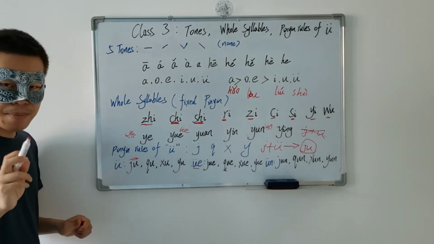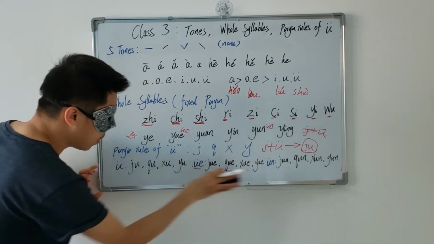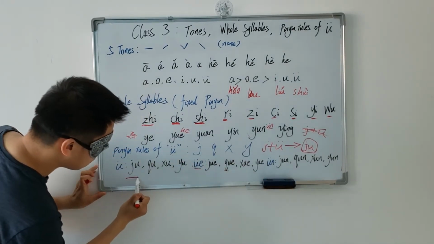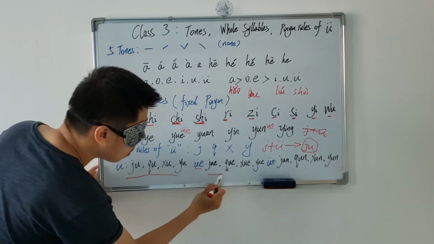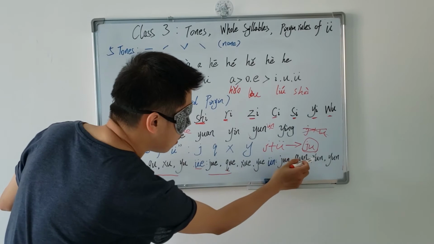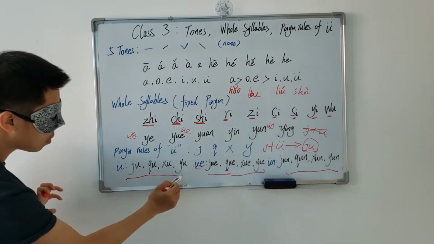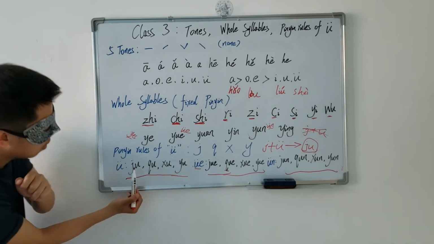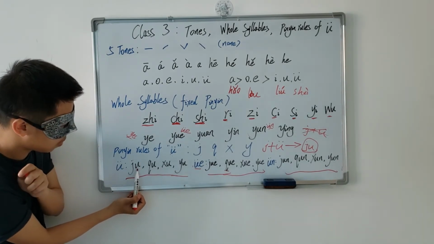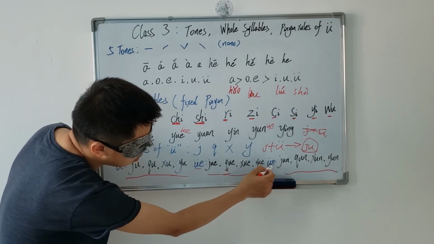So that means when you see these 12 pinyin, this part is pronounced yu, this is pronounced yue, this is pronounced like yun.